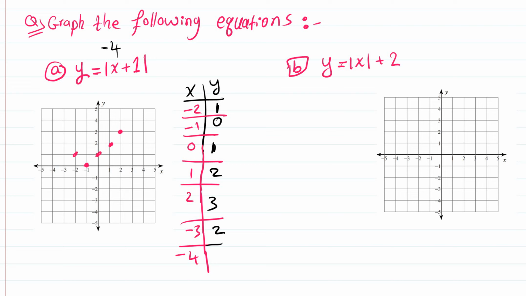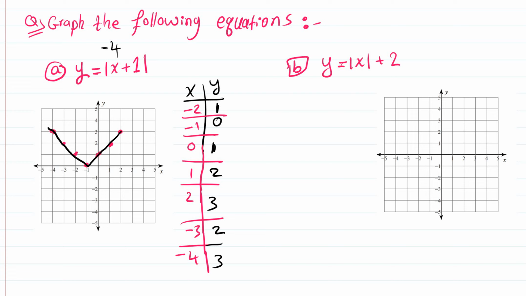Inside the absolute value, when you simplify, it equals 3. So negative 3, 2, as you can see. This is the point negative 3, 2. And the other one is going to be negative 4, 3. So when you join them, the graph is going to be something like that.